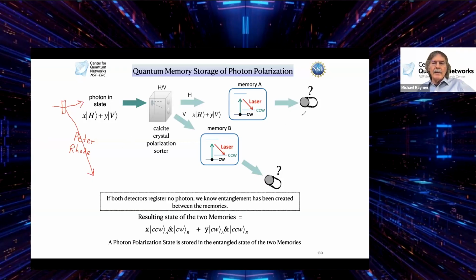But of course, now that doesn't work because you don't herald. The fact that you get no click here and no click here doesn't tell you that a pair of photons was generated back here. So that doesn't work in this particular case. You really want to have a herald here, and it does destroy that photon. That's gone now, but that's okay. You still have the one photon.